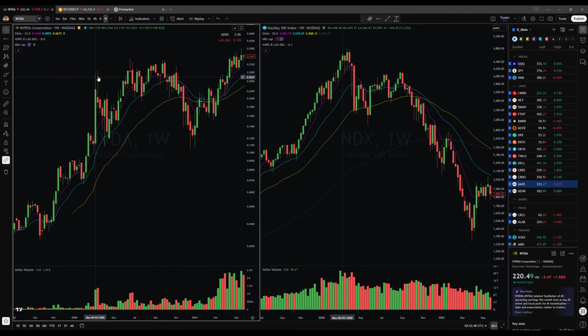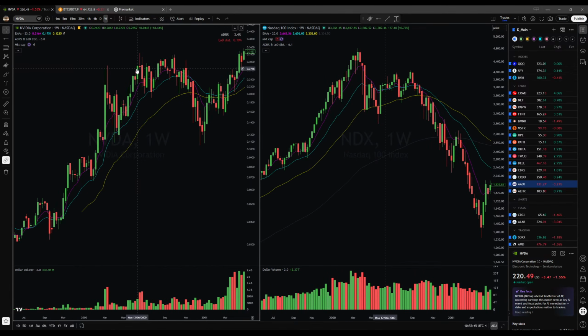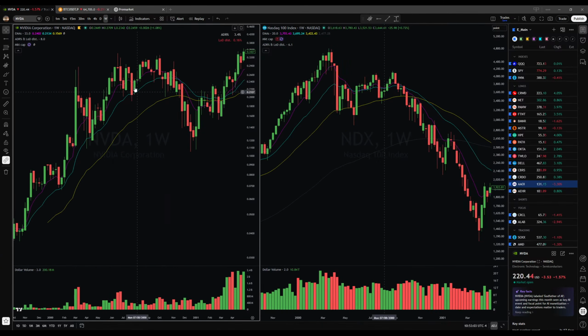You can see Nvidia after this parabolic move is going sideways near the highs, and the weekly range is pretty wide. Lots of rejection near the highs, huge red candles together with huge green candles. It's very choppy and not moving that orderly.